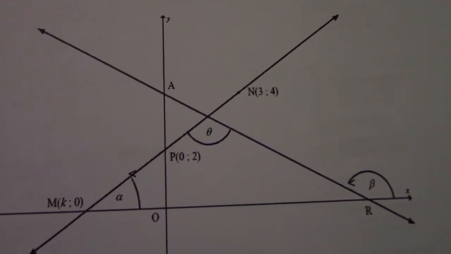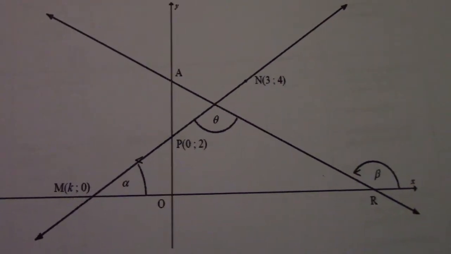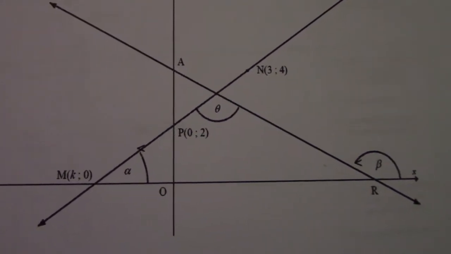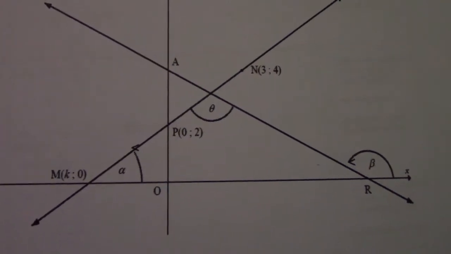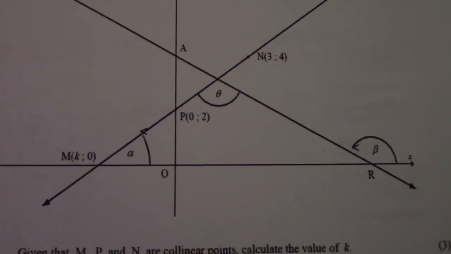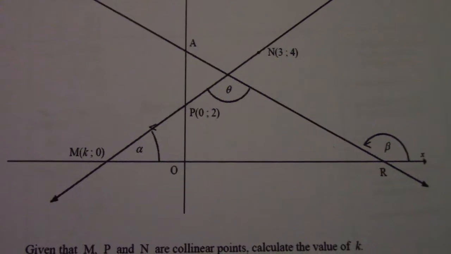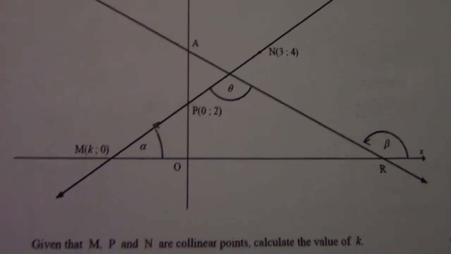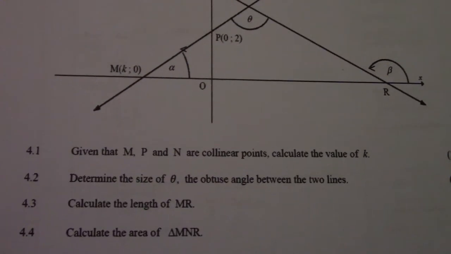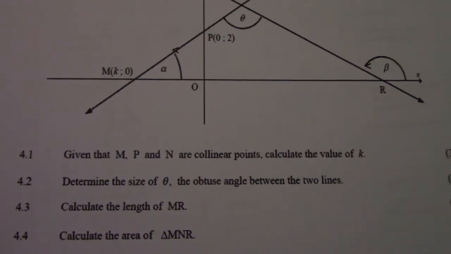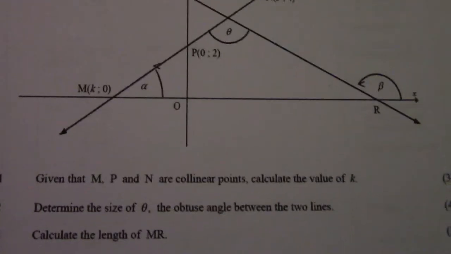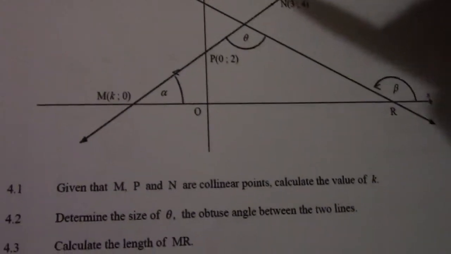Collinear points simply means that NP and MP must have the same gradient. So you first find the gradient of NP, then you use that gradient to solve for the x value of M. Number 2: determine the size of theta, the obtuse angle between the two lines. If we look carefully, they have theta.